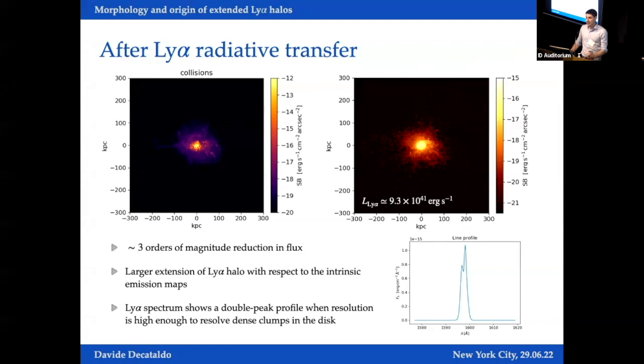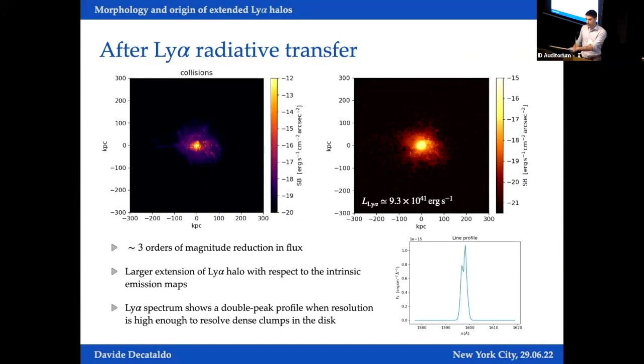We also see that the extension in space is larger after the radiative transfer, and this is due to the fact that the Lyman alpha is scattering around the galaxy before reaching the observer, and so we can clearly see that this can explain why we observe this extended feature of halos.